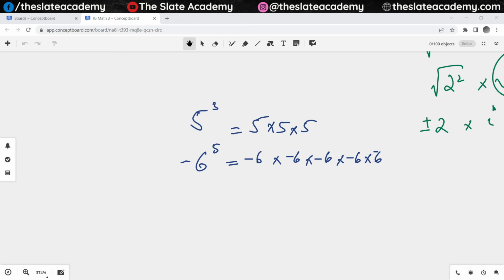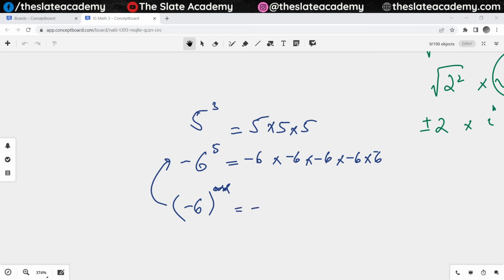And when a positive number multiplies with a negative one, it gives a negative answer. So if I have any negative number with an odd numbered power, for example 5, the answer will always be negative.